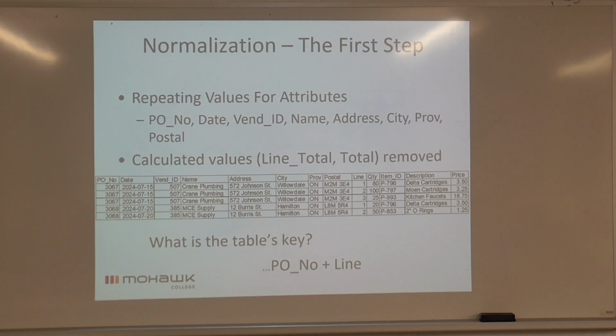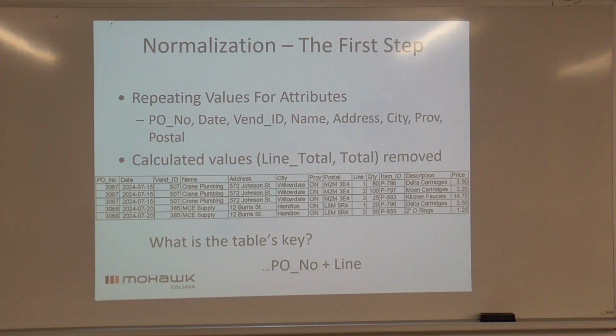So a good way of determining this is: if I hold this key constant, does the other thing get held constant? That's a test for dependency, right? So in this case, if we hold line number constant, item ID is constant.